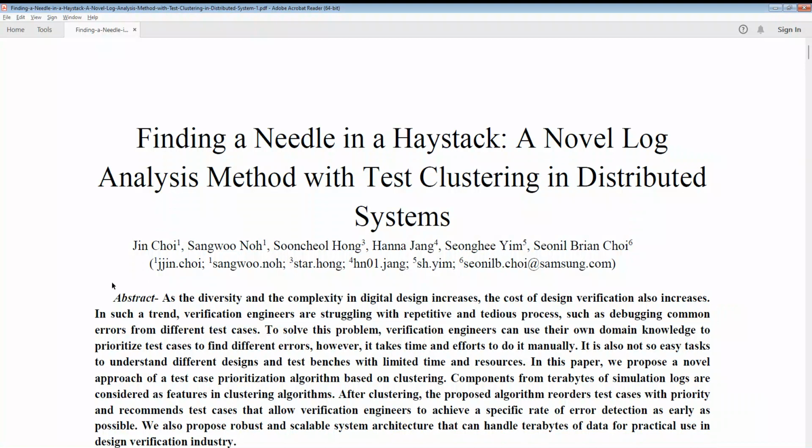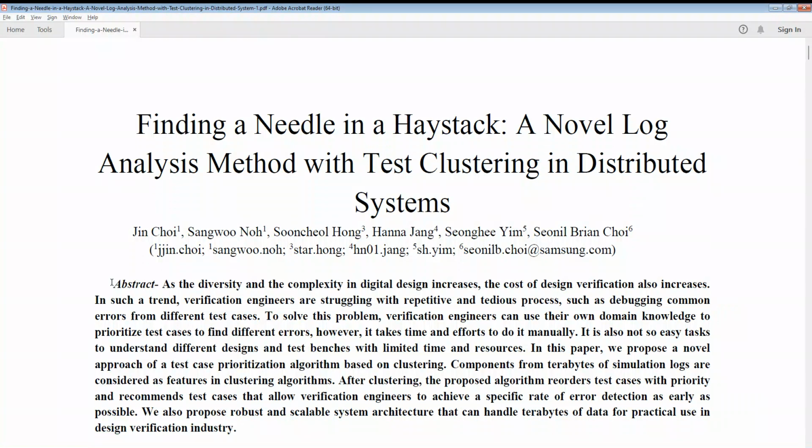Abstract. As the diversity and the complexity in digital design increases, the cost of the design verification also increases. In such a trend, verification engineers are struggling with the repetitive and tedious process, such as debugging common errors from different test cases.